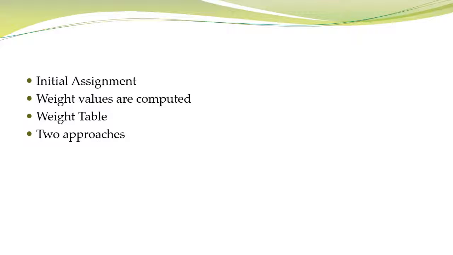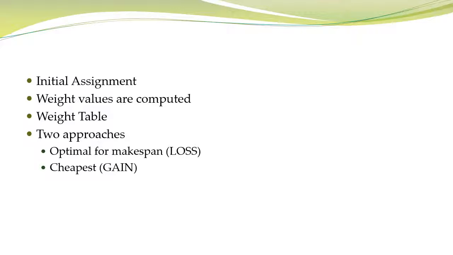Depending on the two choices used for the initial assignment, using the weight table, tasks are considered for possible reassignment to a machine as long as the cost of the current schedule exceeds the budget, or until all possible reassignments would exceed the budget.